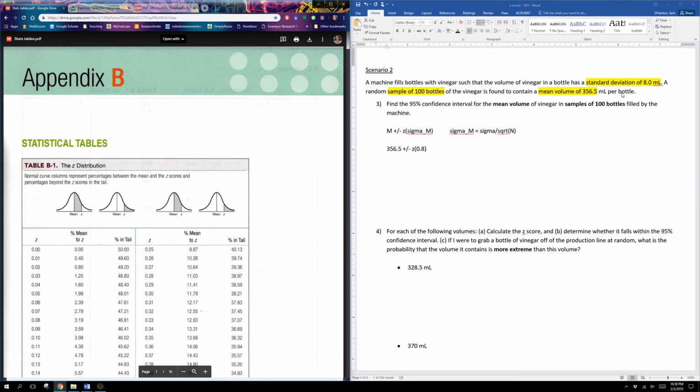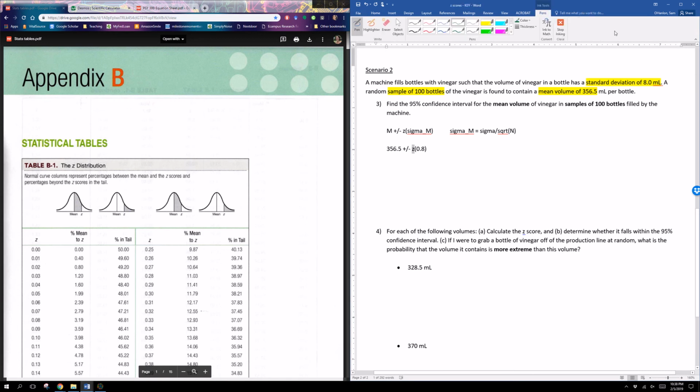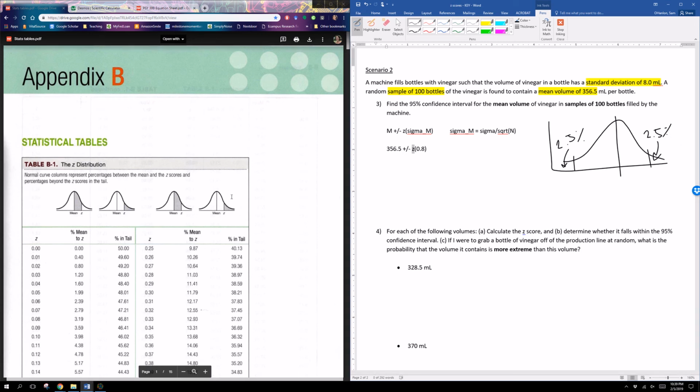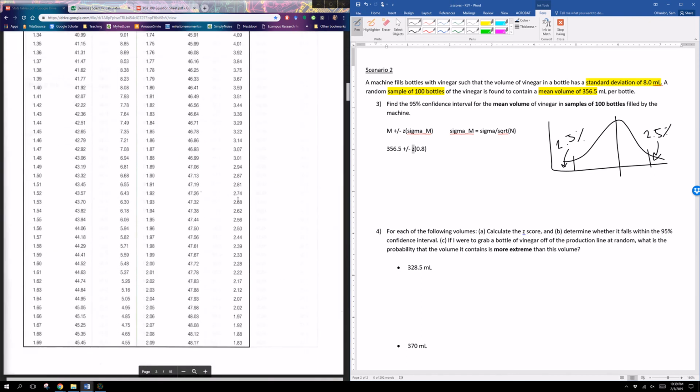Okay. For the 95% confidence interval, you have 95% in the middle, which means 5% in the ends, so that's 2.5% in each end, in each tail. Okay, so percent in tail, let's look for 2.5.